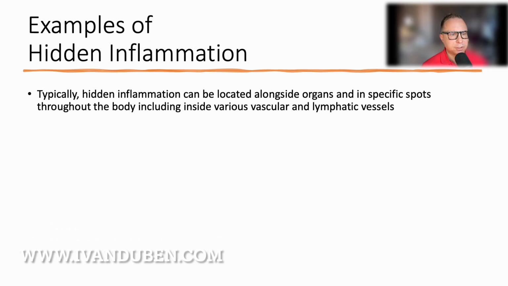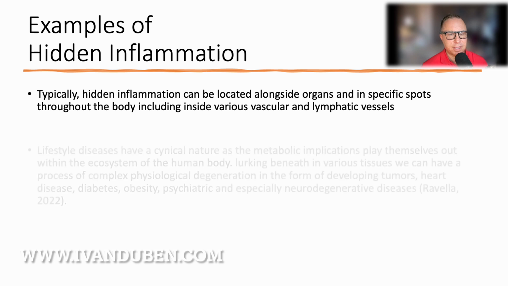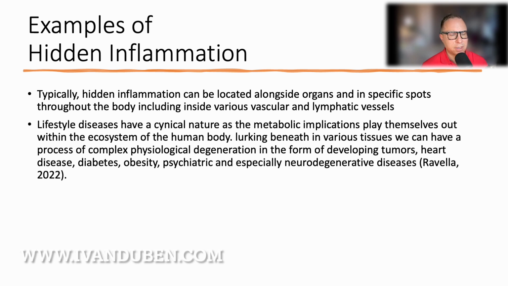Examples of hidden inflammation. Typically, hidden inflammation can be located alongside organs and in specific spots throughout the body, including inside various vascular and lymphatic vessels. Lifestyle diseases have a cynical nature as the metabolic implications play themselves out within the ecosystem of the human body.